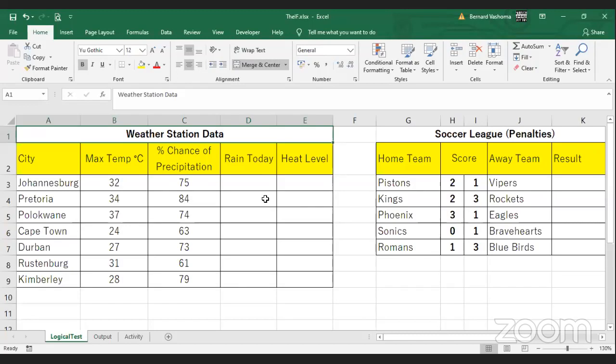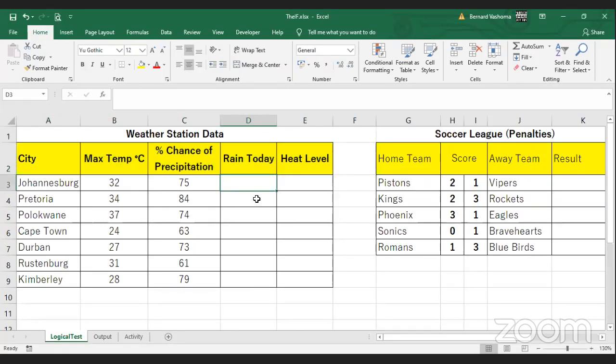Suppose this is the data that is available at a weather station. When you are answering these questions, always take note of what is in the headings. When questions are asked, they pertain to what is on the headings.